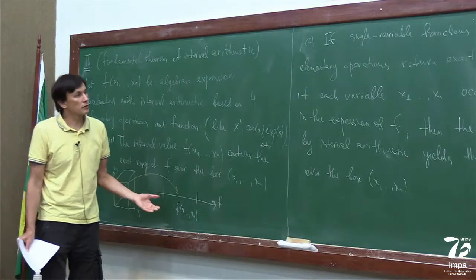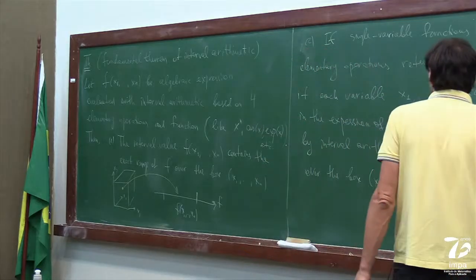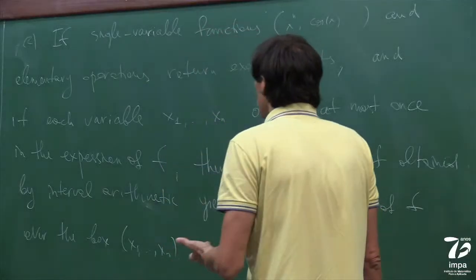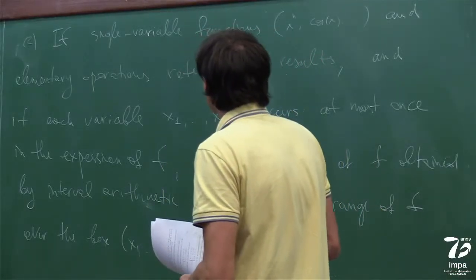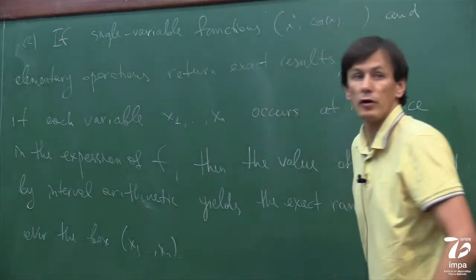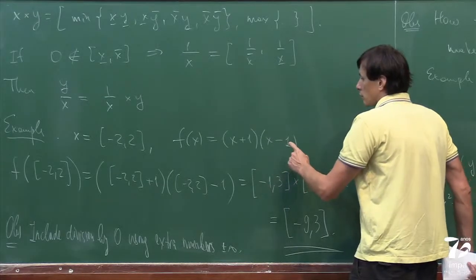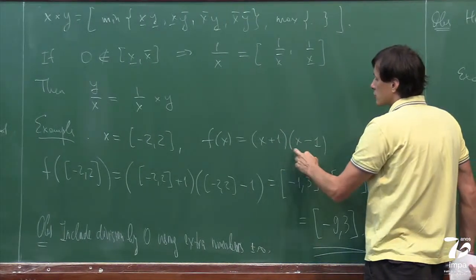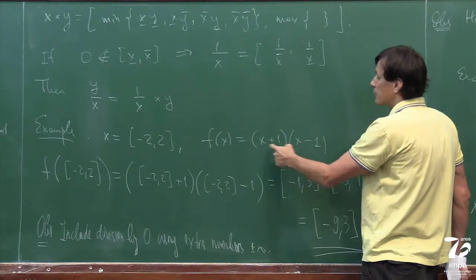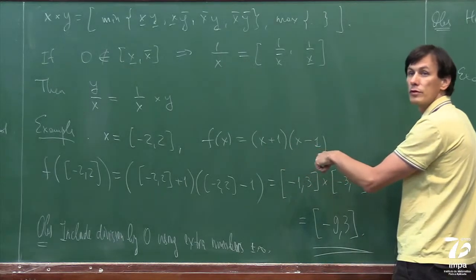So for having the correct precise computation with intervals, your expression should contain every variable only once. And you can see it very clearly here. If we compute these functions in this way, x appeared twice. First it appeared here, then it appears here, then we made the product.